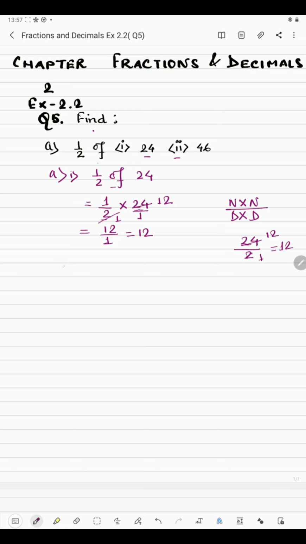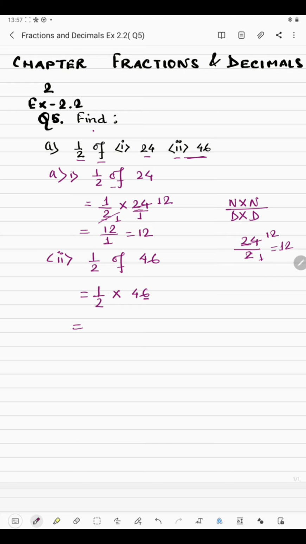Now in the next part we have again 1 by 2 of 46. So in the second part we have 1 by 2 of 46. Now "of" means multiplication again. So 1 by 2 will be multiplied by 46. Now see, here the last digit is an even number, so it can be cancelled by 2.